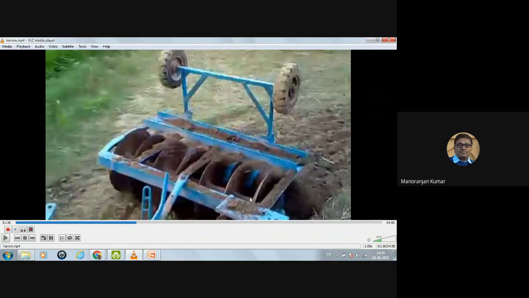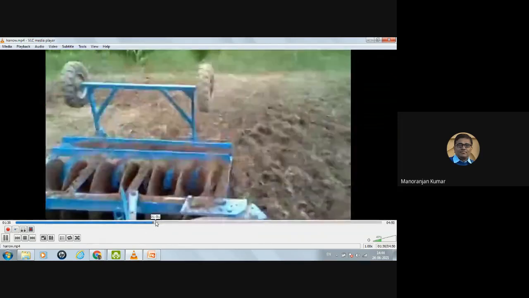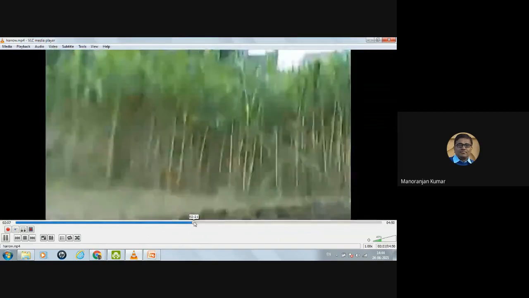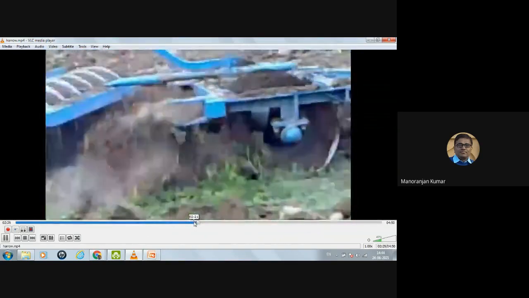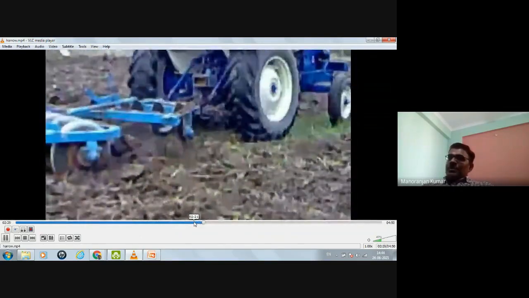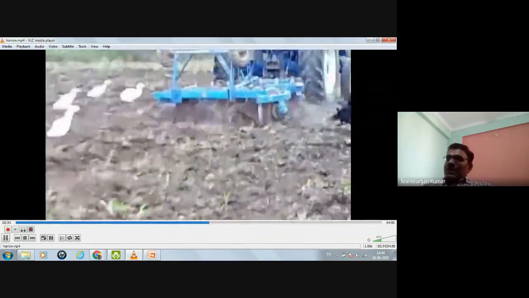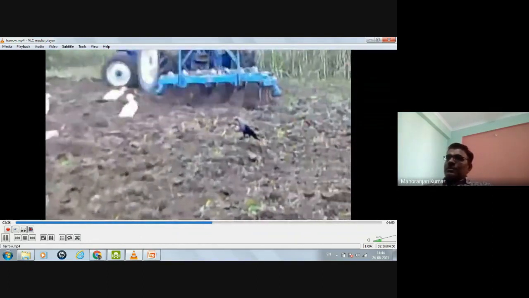Between each two gangs, these spools are provided so that the discs will remain in their own position. So this is known as the tandem or offset disc harrow, the double action disc harrow, because here the gangs are provided just behind the first one.